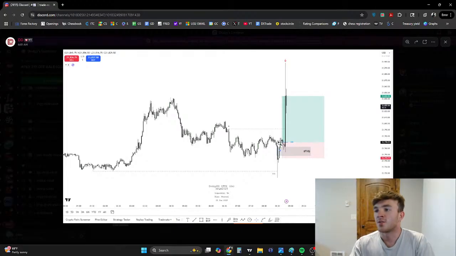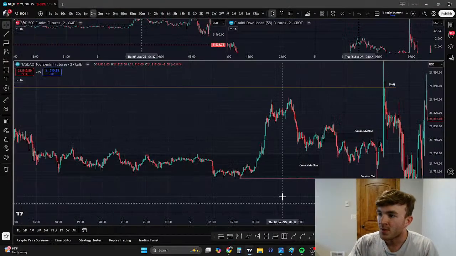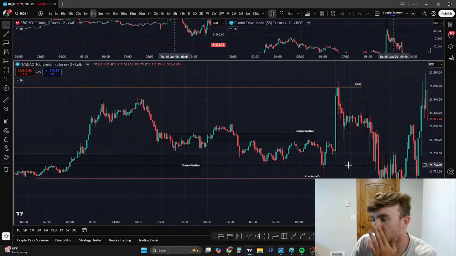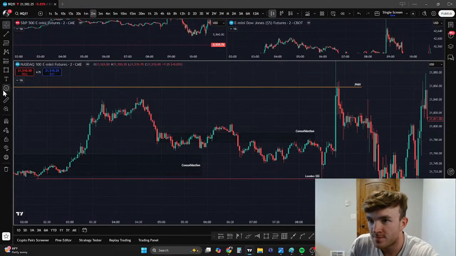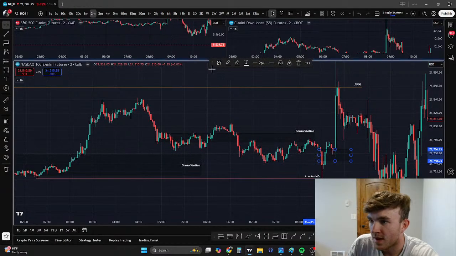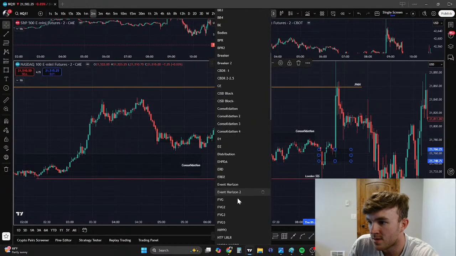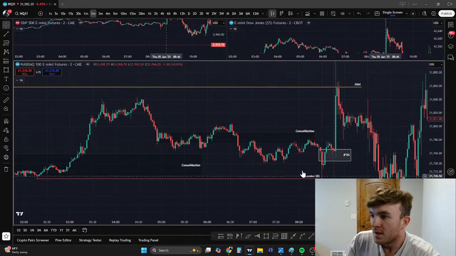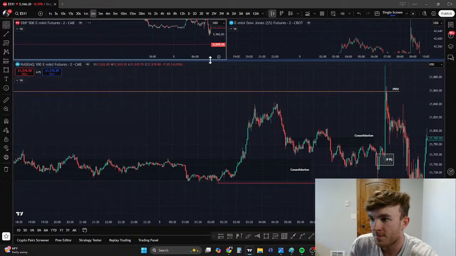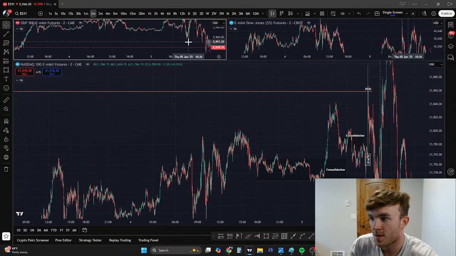He did take this on the 2-minute, even with that wick. So I agree with this trade. I think it was pretty good. I don't know if I would have taken it, but I do like it. It wasn't bad. So we have this inversion. And then, let's check for SMTs. It's always a good thing to check for.